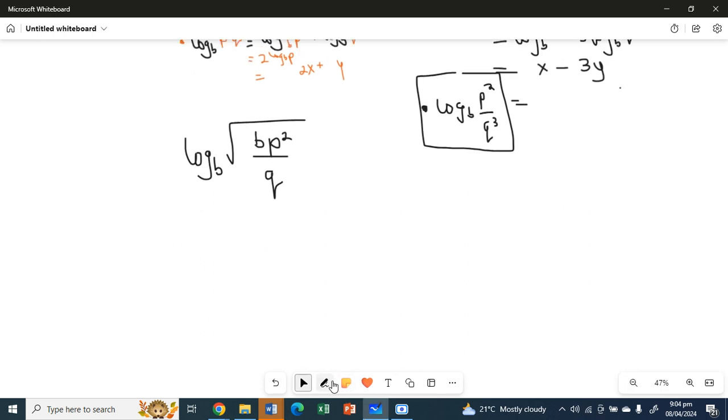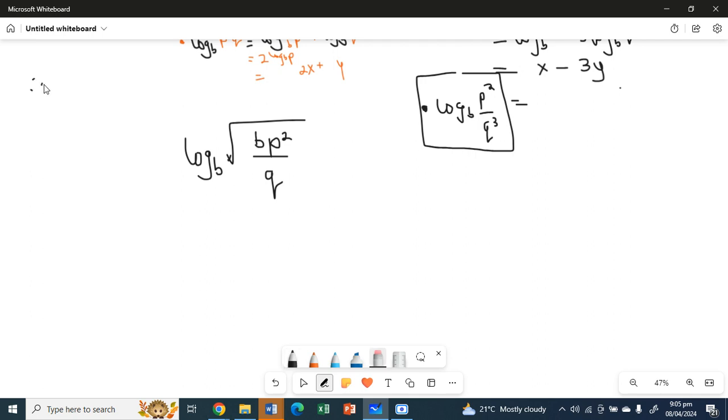Okay. So we've got this one: log base b of the square root of b p squared over q. Here there are some other rules that we need to be aware of so that we can simplify this expression. The first rule comes from surds, the topic of surds.